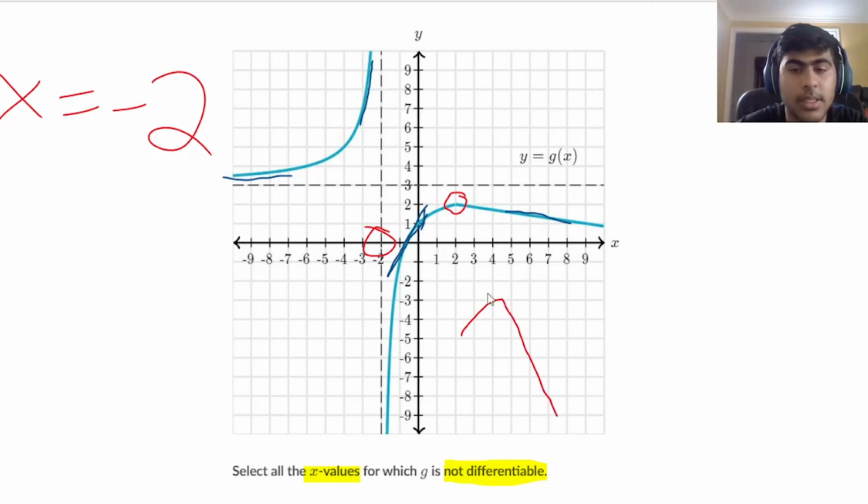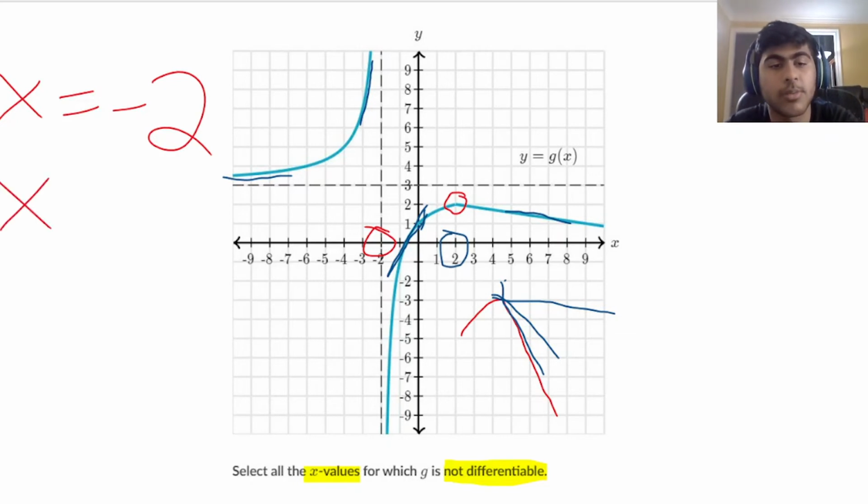The problem with this is that you can draw many different tangent lines on this graph. You can draw a tangent line here, or one there, or one like there, say. And you don't know which one of these to take the slope of to find the derivative. Therefore, the derivative could be infinitely many things, and we're not differentiable because there's no defined derivative. That's why at x equals 2 right here, we are not differentiable. So the 2 points that we're not differentiable at are negative 2 and 2.